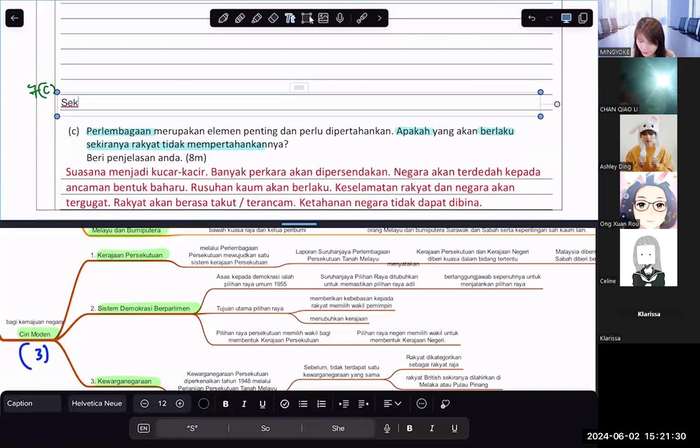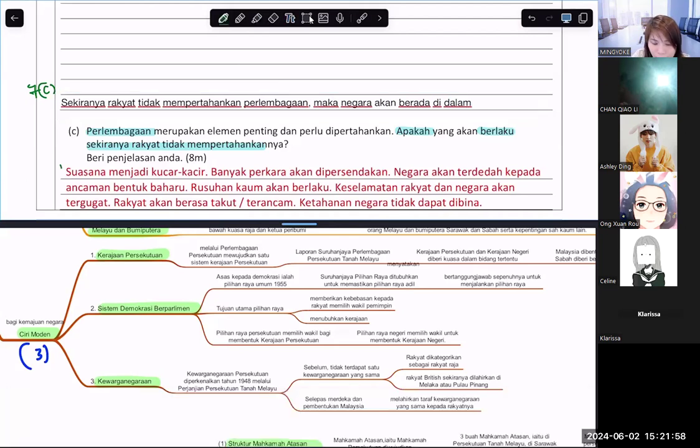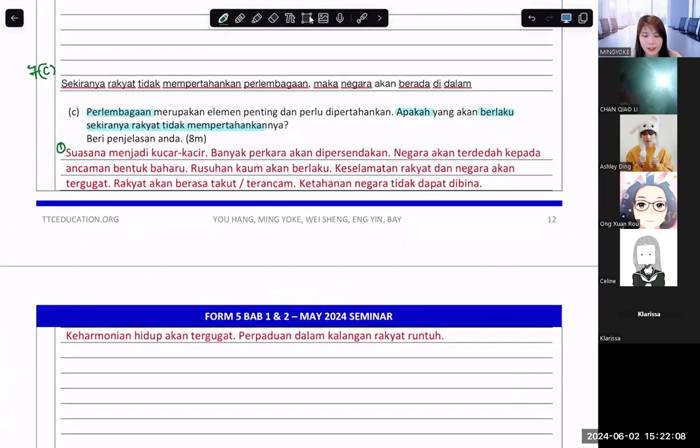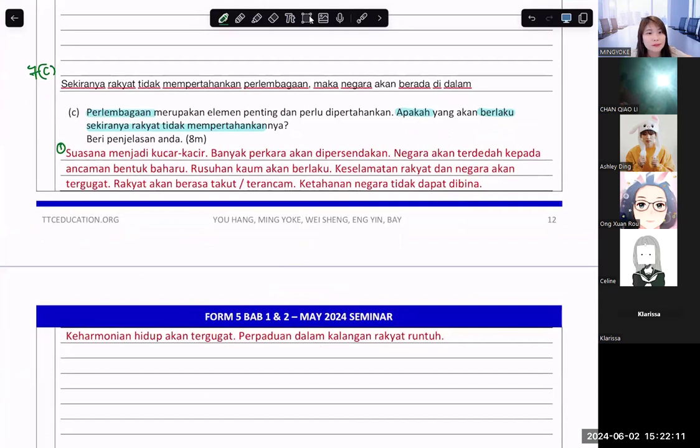Sekiranya rakyat tidak mempertahankan perlembagaan, maka negara akan berada di dalam suasana yang kucar-kacir, number 1. And therefore, why is it in a state of kucar-kacir?